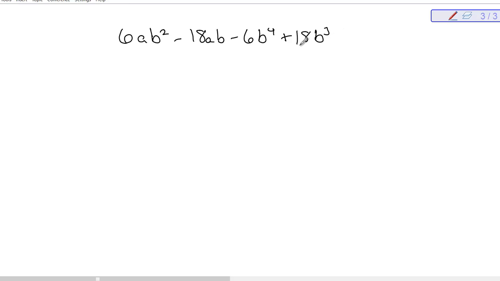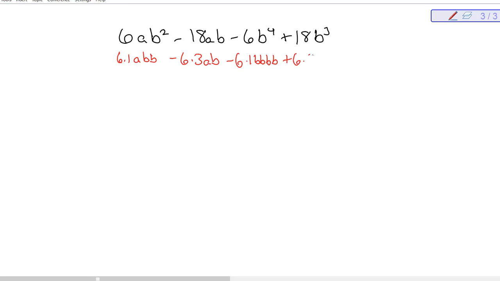Okay, so looking at this problem, the very first thing we want to do is we want to say, is there a number that will divide into all of these numbers? Yes, there is, and that number is 6. So I'm going to take 6 times 1, a, and 2 b's. 6 times 3, a and b. 6 times 1, and there's 4 b's here.